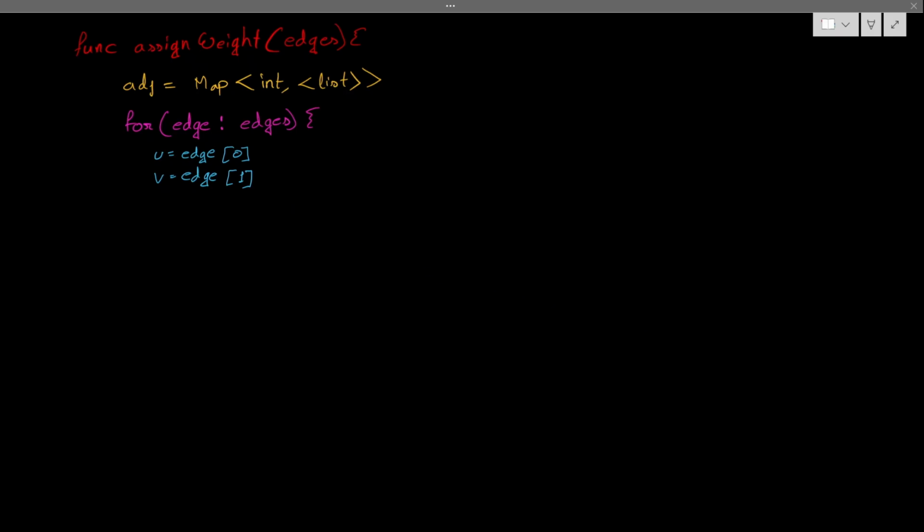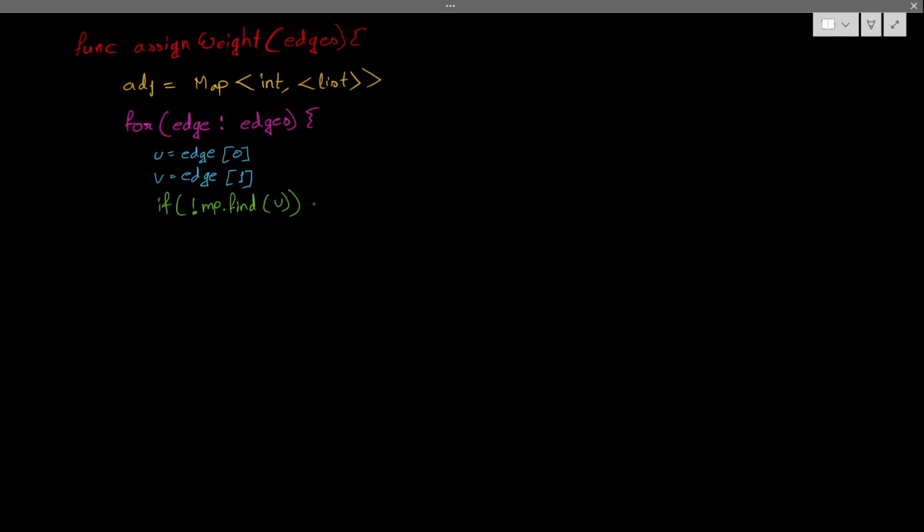Then I'll simply do this: if my u is not present in my map, so u not in mp dot find, let's say my u is not present.